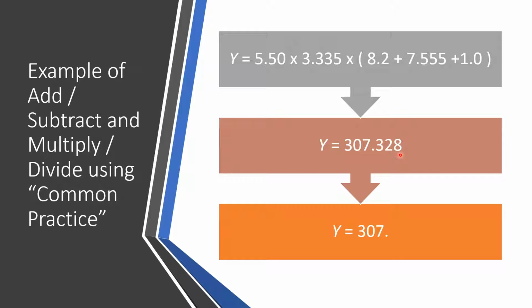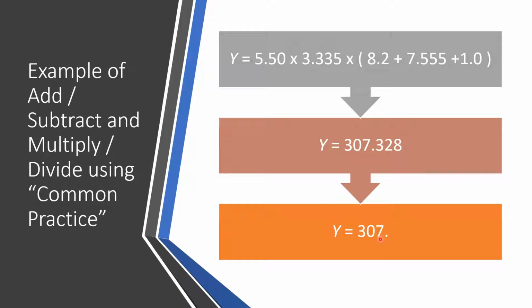We're not blind to the issue of significant figures, and most engineers would appropriately decide to round it off to three significant figures, which in this case will end up with 307, which is in fact less than the value we got before. Remember, we had 308, but the error, the lack of precision, is basically about 1 over 300, which is in this case about a third of a percent.